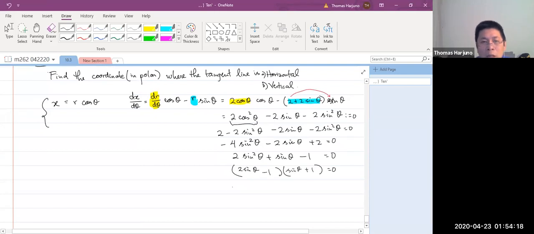I get sinθ equals 1/2 and then sinθ equals 1.